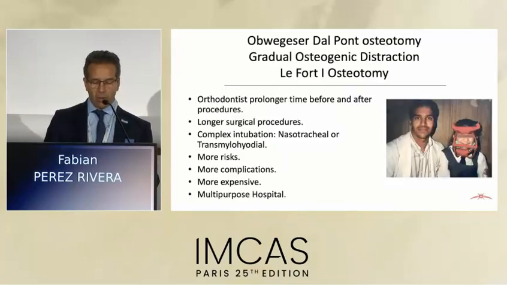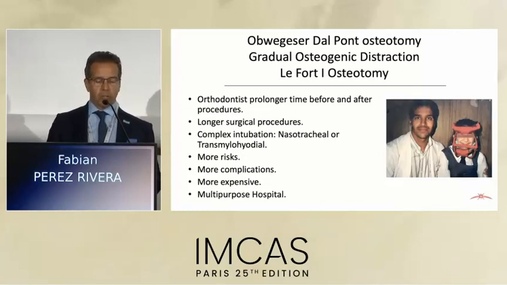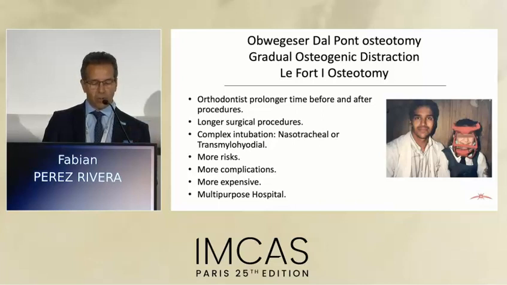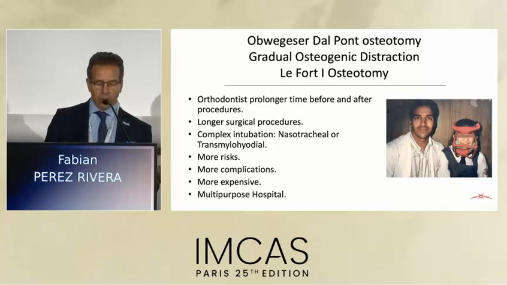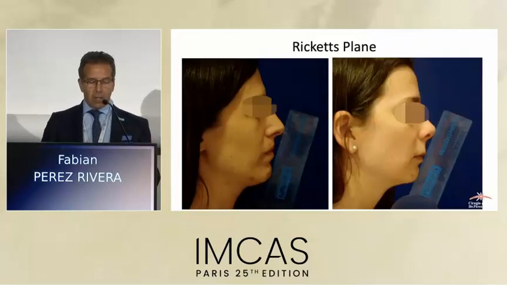But when you have this kind of diagnosis, of course, you need a multiple-purpose hospital because you need to perform osteotomy, gradual osteogenic distraction, and you need at least 1 complete year of orthodontic work. It's a longer surgical procedure, complex intubation, you need a skilled anesthesiologist, and more risks, more complications, and more expensive.